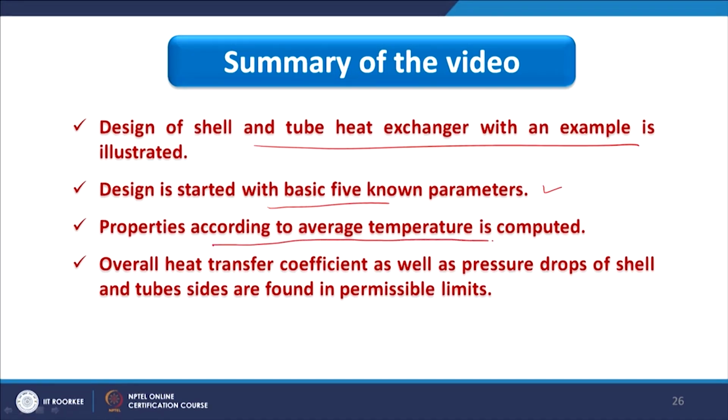Properties according to average temperature are computed, and I have already explained how you can obtain these properties. And finally overall heat transfer coefficient as well as pressure drop of shell and tube side are found in permissible limit. Okay. So in that way you can complete the design of shell and tube heat exchanger.